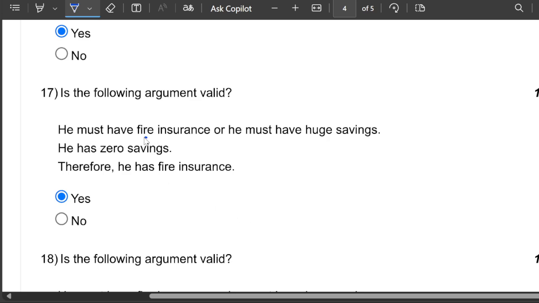We must have fire insurance, or he must have used savings. He has zero savings. Therefore, he has fire insurance.